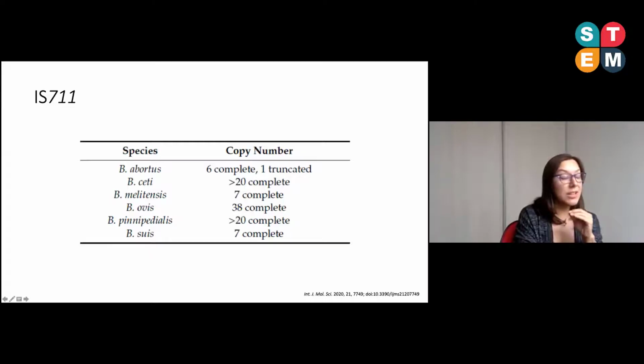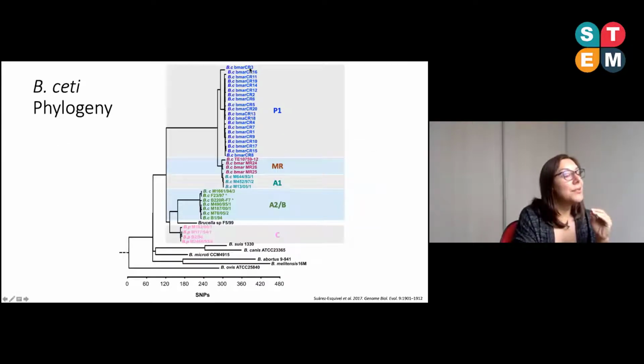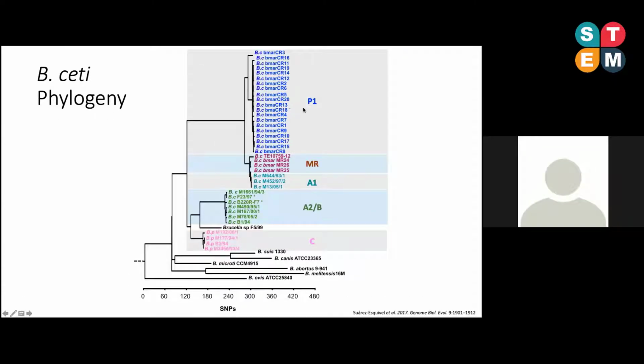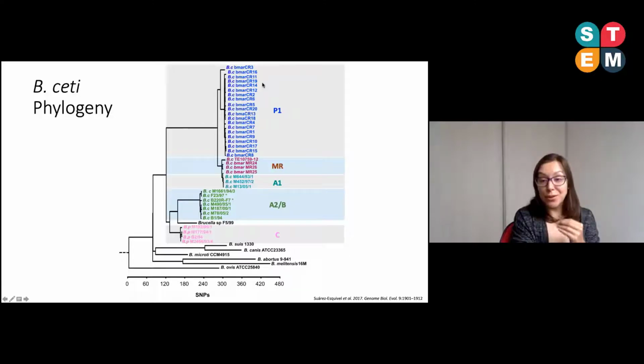And we were not only interested in confirming the copy number, but also the position, because that would definitely modify the way the transcription is performed. So the main results of our analysis confirm the clustering of Brucella ceti in this case, according to host preference and geographic origin.